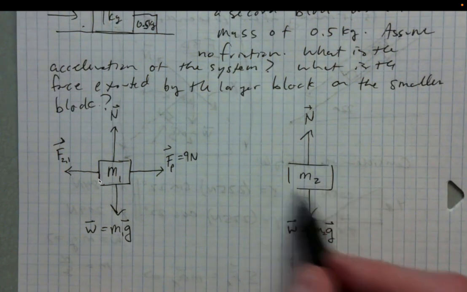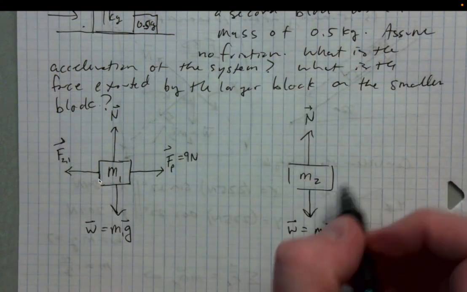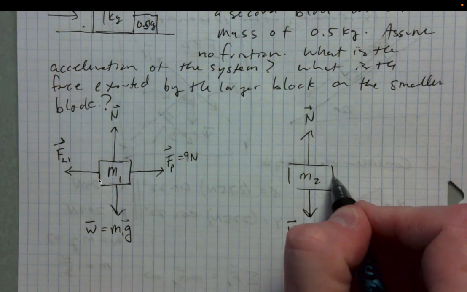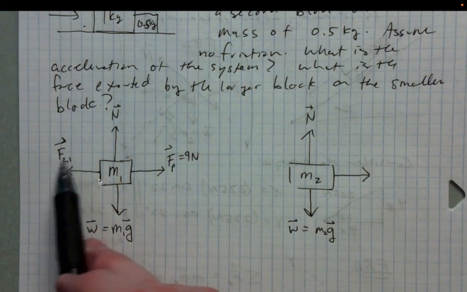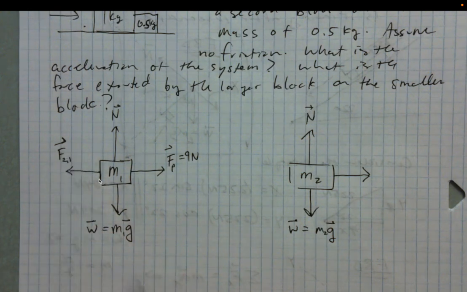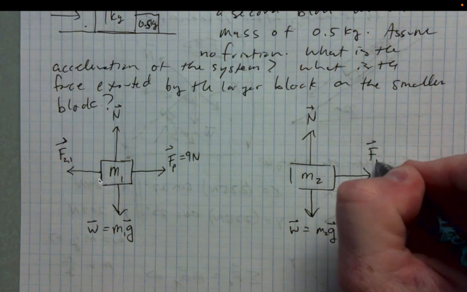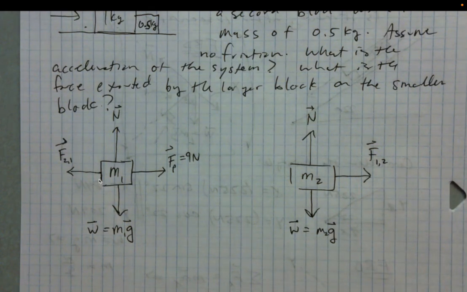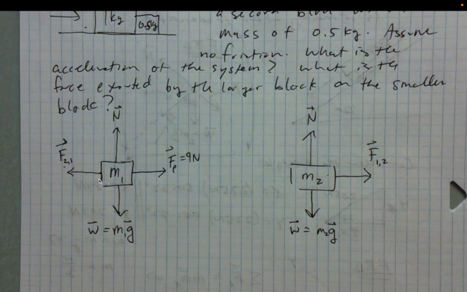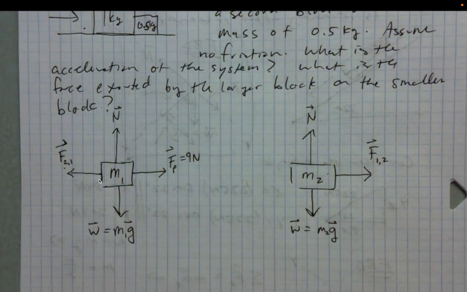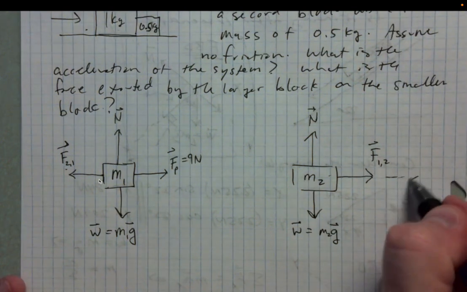The only force acting on this one, on a frictionless surface, is the action-reaction pair that goes with the other one. So it's the force that 1 exerts on 2, and the force that 2 exerts on 1. Those are an action-reaction pair. We're only really interested in the horizontal forces because we're interested in the acceleration. It's obviously accelerating in the x direction, so we'll coordinatize this in the x direction.